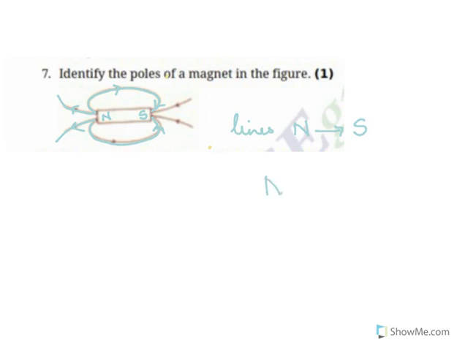So they come out from the north and they merge in the south. So this would be the north pole and this would be the south pole.